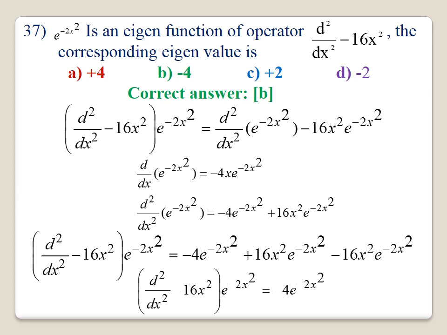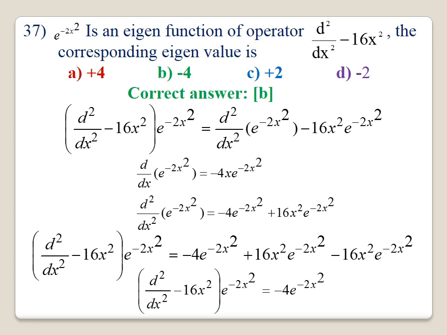First you apply the first term on the function, that gives d square by dx square e power of minus 2x square. Then the second term on the function, minus 16x square e power of minus 2x square.